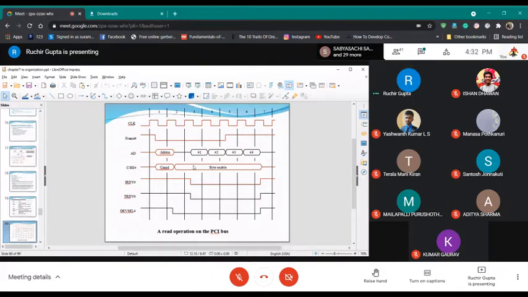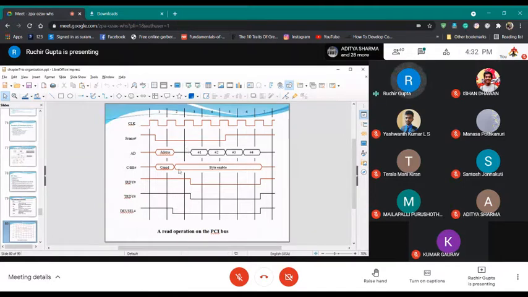And now the CBE lines are giving byte enables. Earlier there was a command, and now this is enabling that you can use the data. So all CBE lines are asserted for this. And you can see the frame signal is still asserted, so it will tell you the duration of the burst. It is going to be a total of 4.